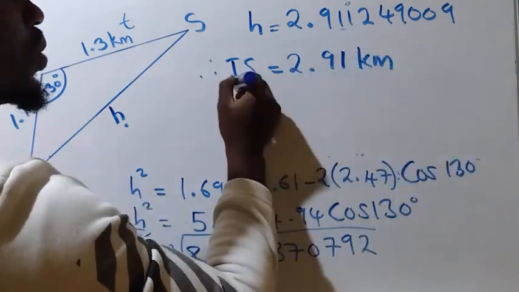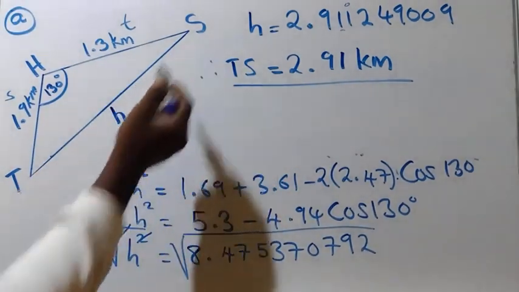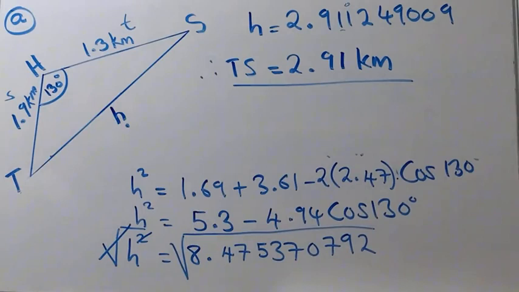Kilometers. So this is our distance of TS. TS is equal to 2.91. Alright, so we are done answering our question 2. Remember, this question carries 5 marks. So let's proceed to question 3, where they want you to calculate the shortest distance from H to TS.